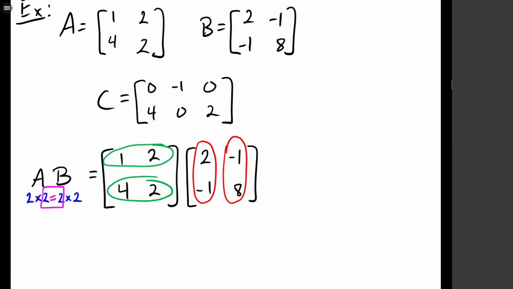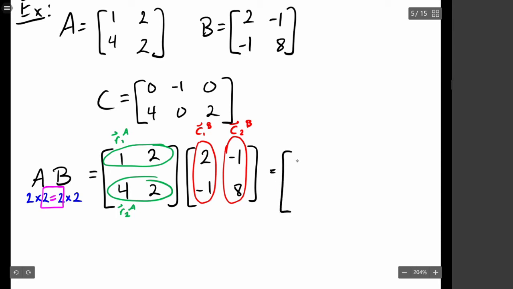Because this is how we're going to do dot products. So like this one here, this is R1A, R2A. This here, this is C1B, C2B. Right? And now we're going to compute our matrix product.